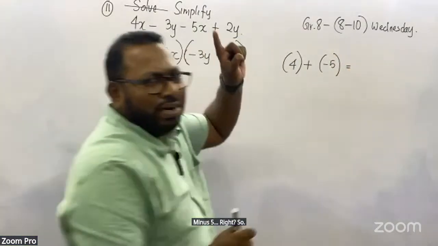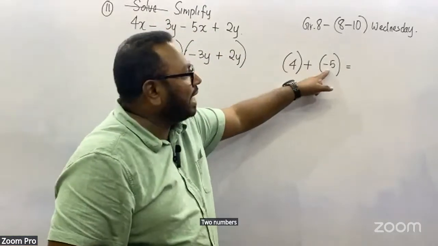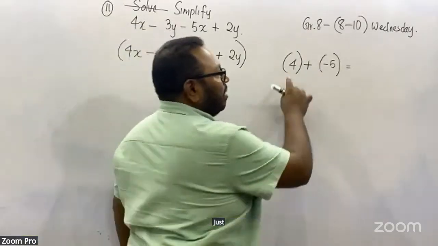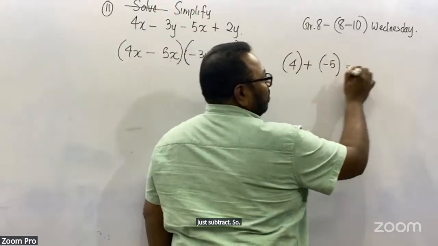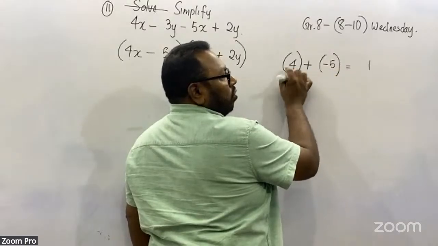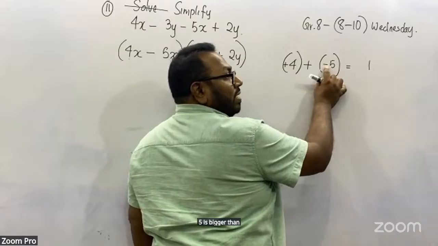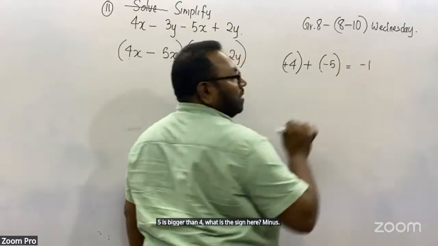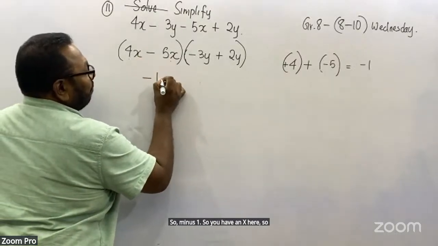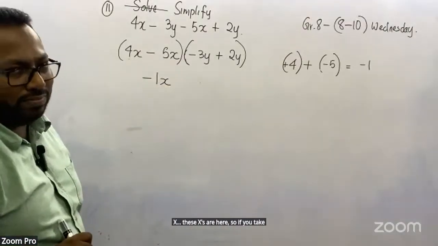So what did we learn when we did directed numbers? When you add two numbers and the signs are different, you subtract. Just subtract. So 4 and 5 is 1. 5 is bigger than 4. What is the sign here? Minus. So minus 1, and you have an x here. So we take minus 1x.